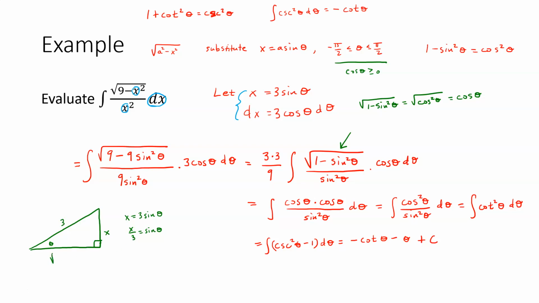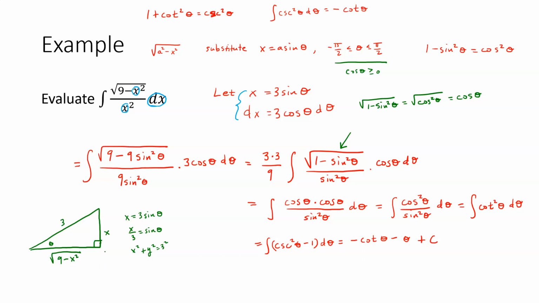And then the adjacent side, we can do the Pythagorean theorem. It will be the square root of 9 minus x squared. Right, because x squared plus y squared equals 3 squared. So it's solving for y there, that's how we got this.